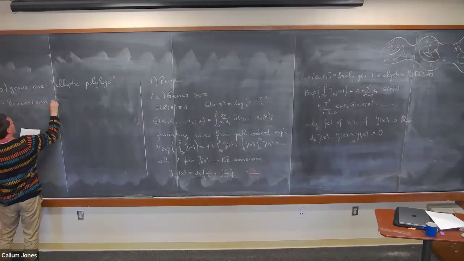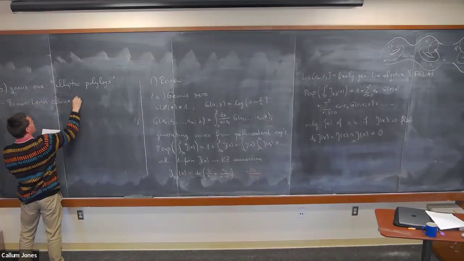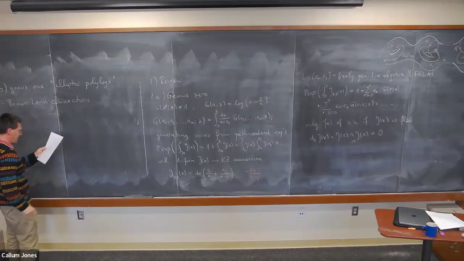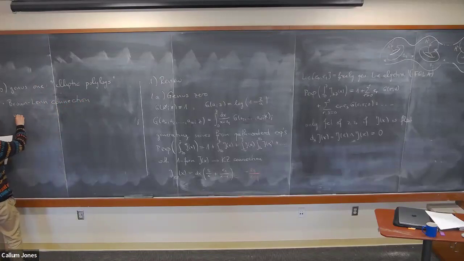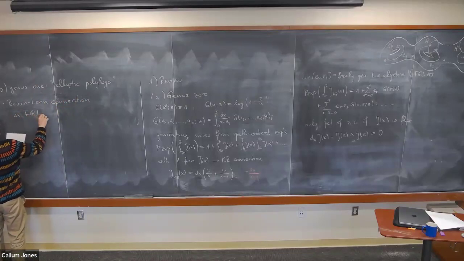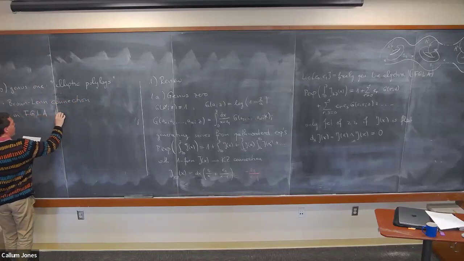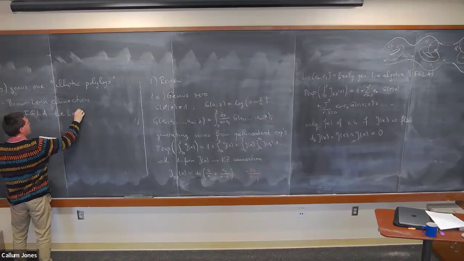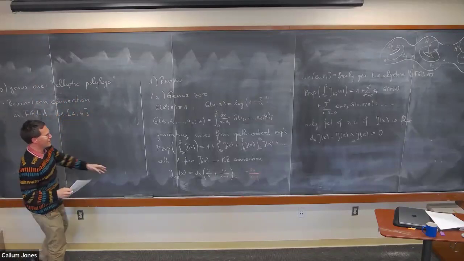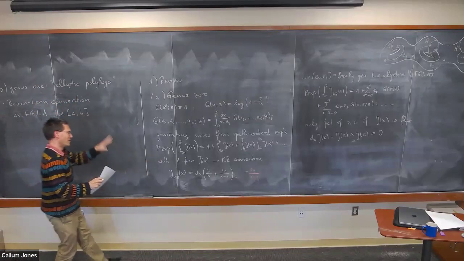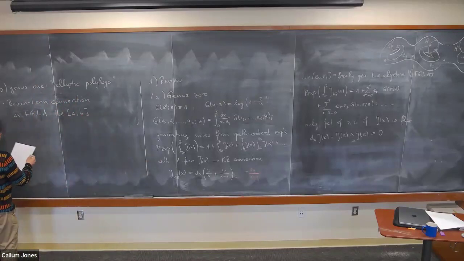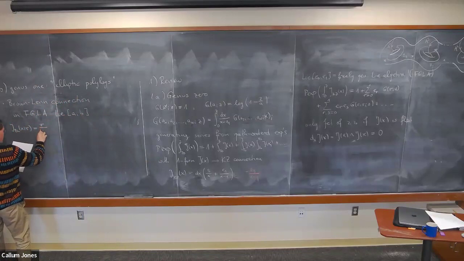Okay, and this Brown-Levin connection, it again lives in a freely generated Lie algebra. Now the non-commutative variables are called A and E. They have some commonalities with E0 and E1, but also some conceptual differences, as we will see. But perhaps I first give you an expression and talk about what it contains.